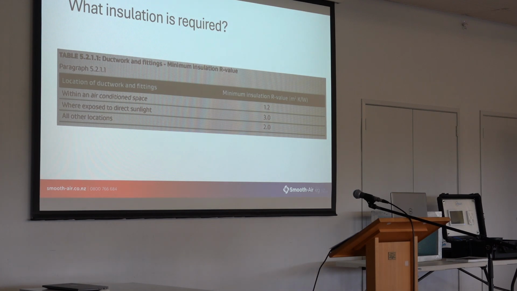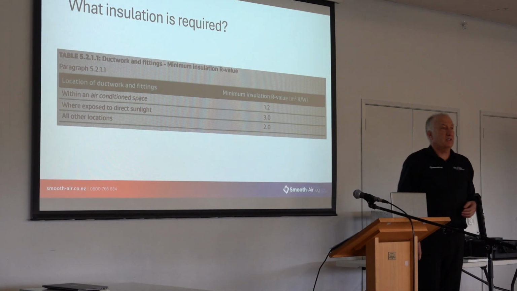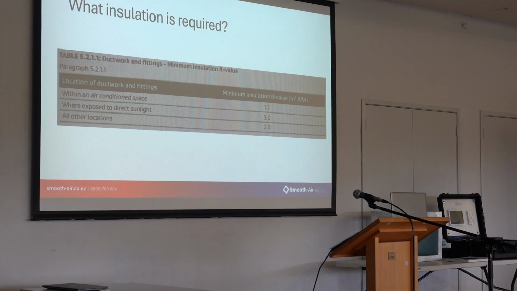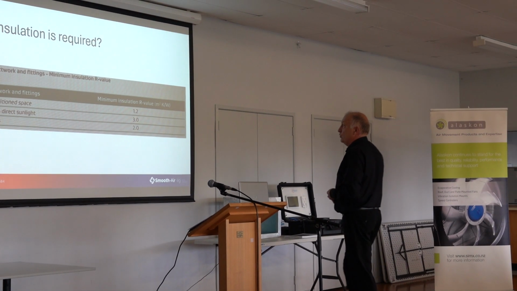If you're going through an area where you're exposed to direct sunlight, like duct going across the roof of a building, your R rating needs to be R3. And if you're going through any other locations, which I guess would be unconditioned space, like maybe a car park or a warehouse where you're not running AC, you've got to be R2.